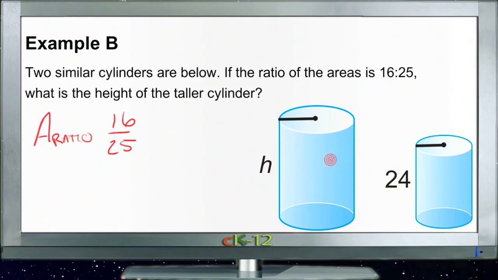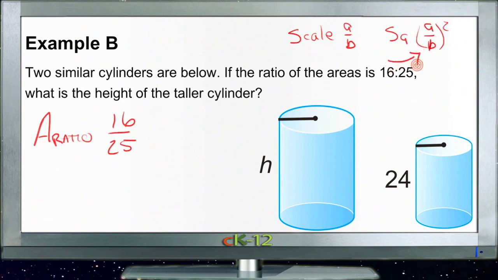But what we know about the area ratio to the scale factor ratio is that the area ratio is the square of the scale factor ratio. So if the scale factor is A over B, then the surface area would be A over B squared, right? Well, this is what we have here.